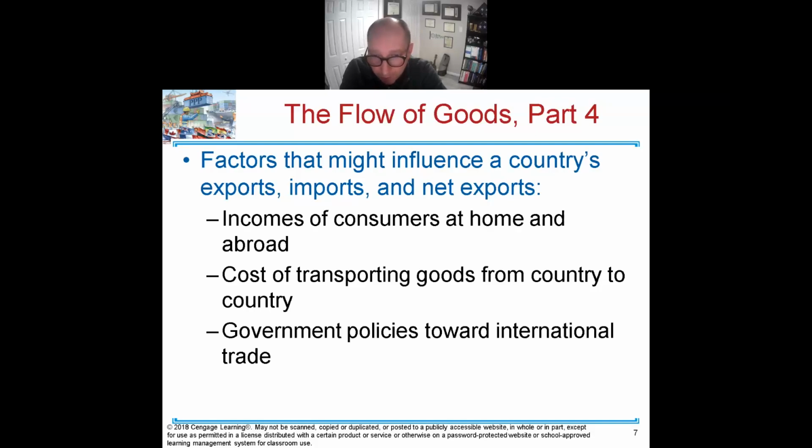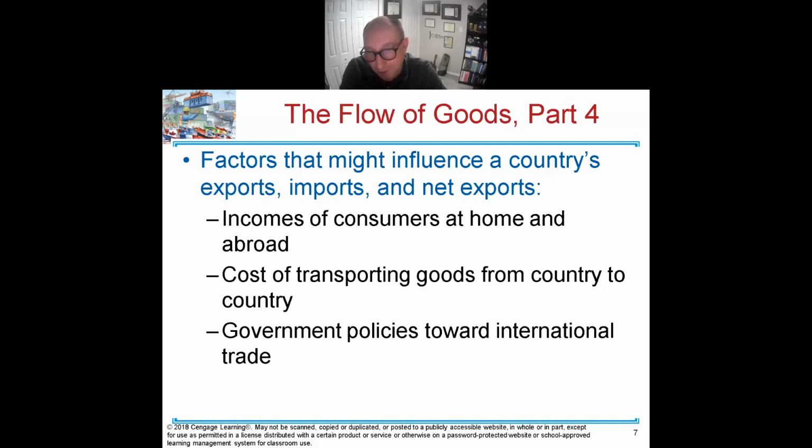If I'm shipping products from China to the United States, the cost of shipping those goods increases as the cost of diesel fuel increases. That cost is typically passed along to the consumer in the form of inflation. You pay more for goods than you normally would because the price of transporting those goods has gone up.